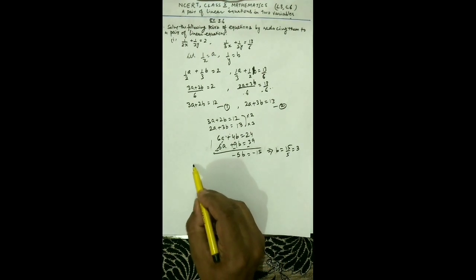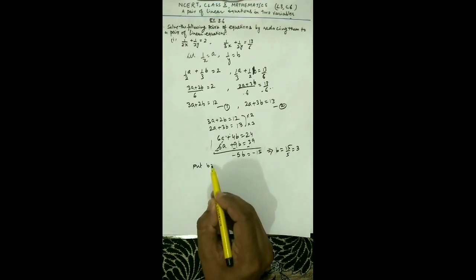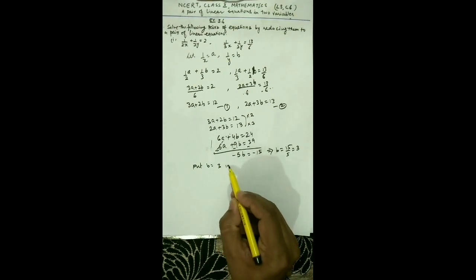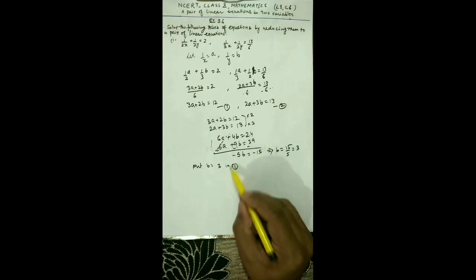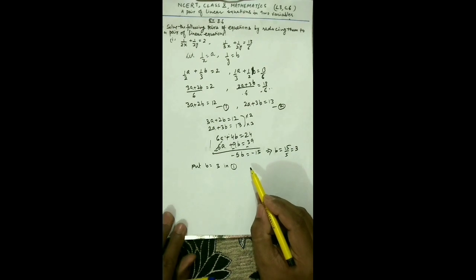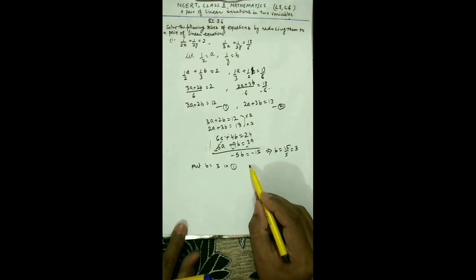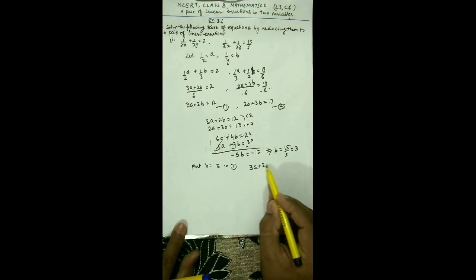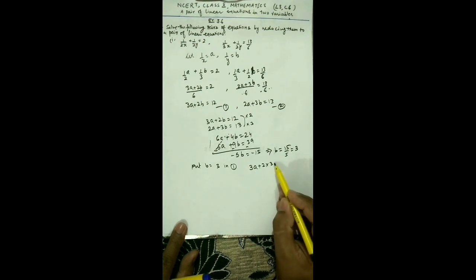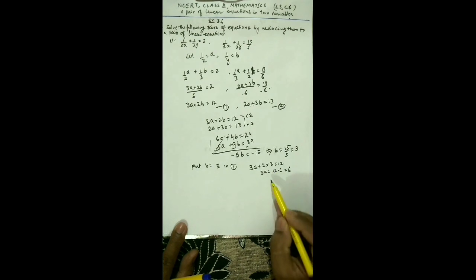Let's say put b equals to 3 in equation 1. So this becomes 3a plus 2 into 3 equal to 12. So this is 6, and so 3a will be equal to 12 minus 6, this is 6, so a is going to be 2.